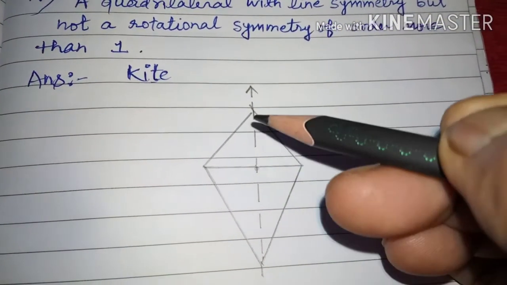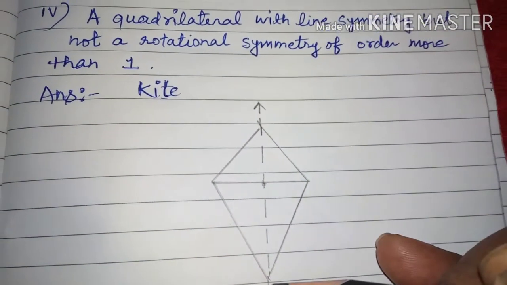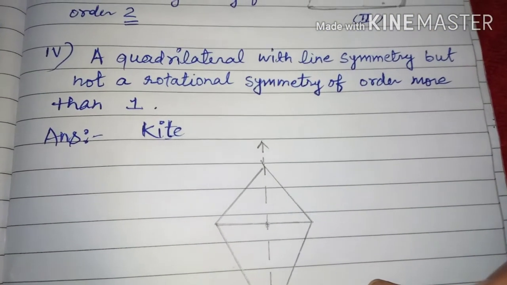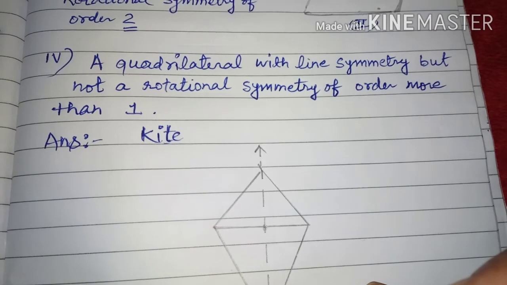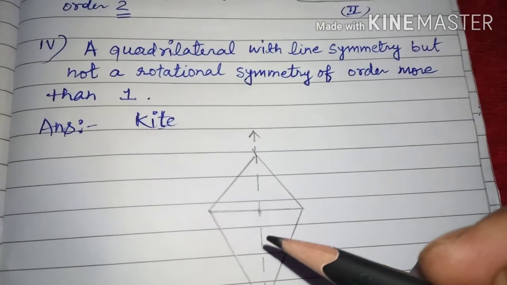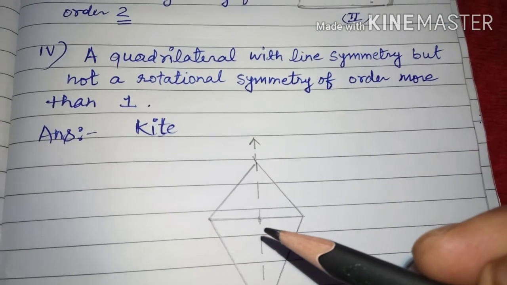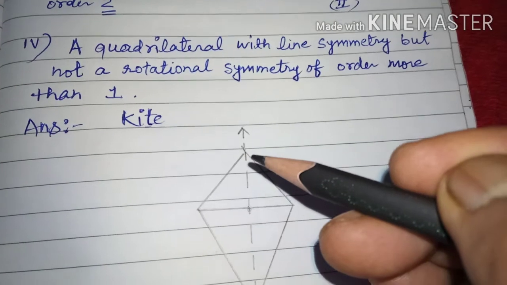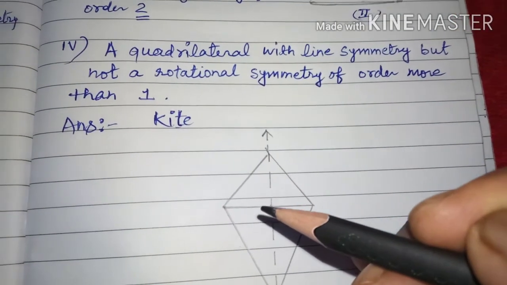A kite has only one line of symmetry, and it has rotational symmetry of order 1 only, and we will get the same kite once we rotate it by 360 degrees, which means one complete revolution.